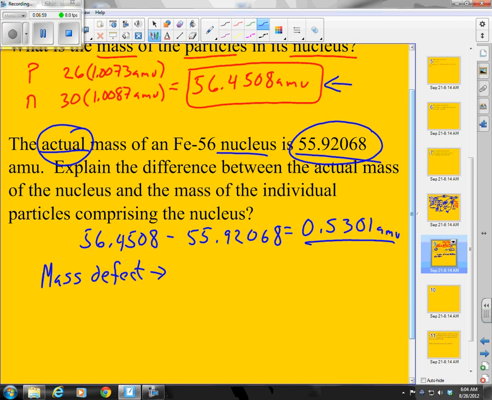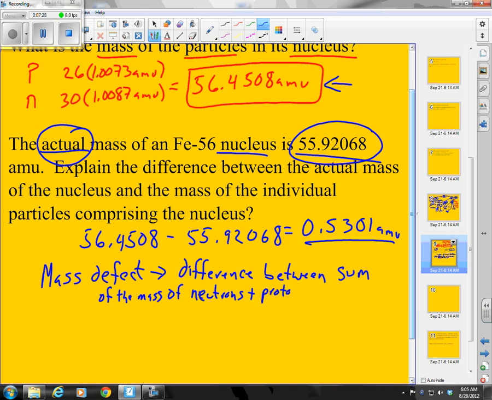Okay, so what is mass defect? That is the difference between the sum of the mass of neutrons and protons forming the nucleus and the nucleus's actual mass.